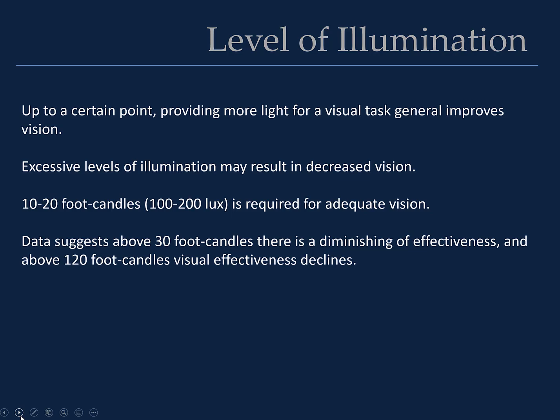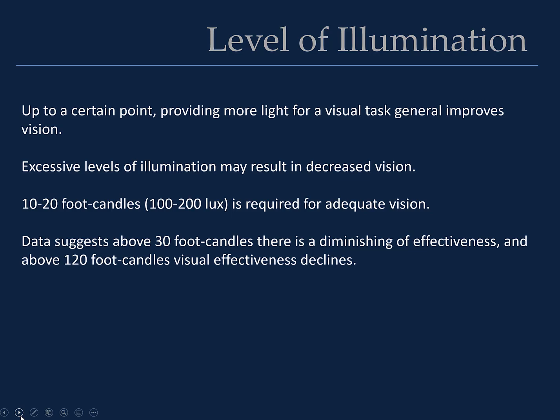So if we have excessive levels of illumination, we can actually have the opposite effect and cause a decrease in vision. Typically, 10 to 20 foot candles is required for adequate vision, and we'll talk about foot candles in a minute.